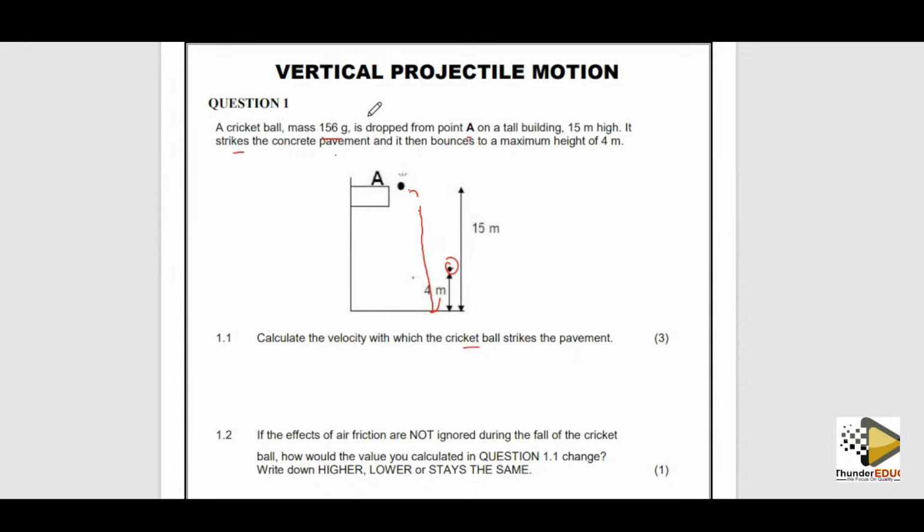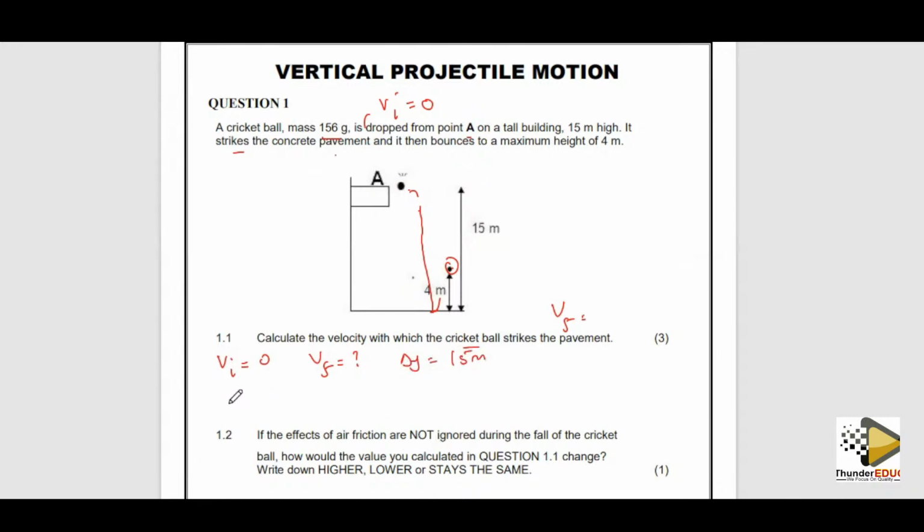For as long as an object is dropped, the initial velocity is going to be 0. And this question is asking for the final velocity. So our initial velocity is 0, and our final velocity is what we're looking for. The only thing we've been given is the displacement, change in y: it is dropped from a height of 15 meters.